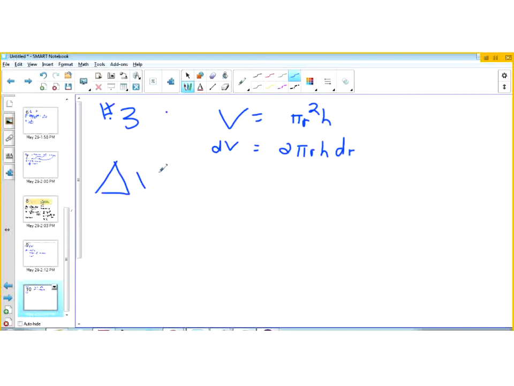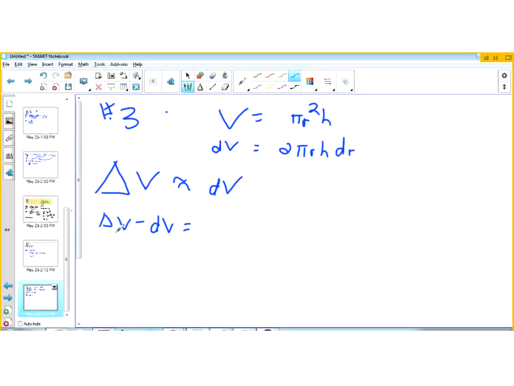So we have delta V is approximately equal to the differential of V. And so the error: what we've got here is the change in volume induced by increasing the radius versus the volume of the thin cylindrical shell. For part B, we would want delta V minus differential V.